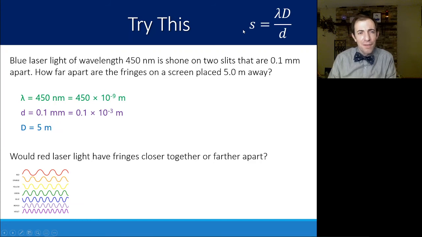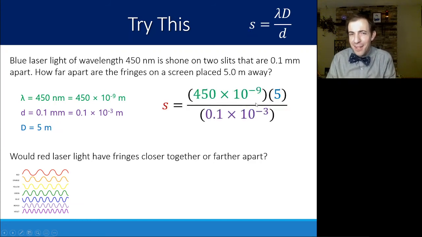I want to solve this for the spacing of the fringes. That's S. So I just plug this in and solve for S. If I make sure that I'm using my calculator correctly, I highly recommend that you use the capital E notation. So on my calculator, it's second and then that comma to get EE.